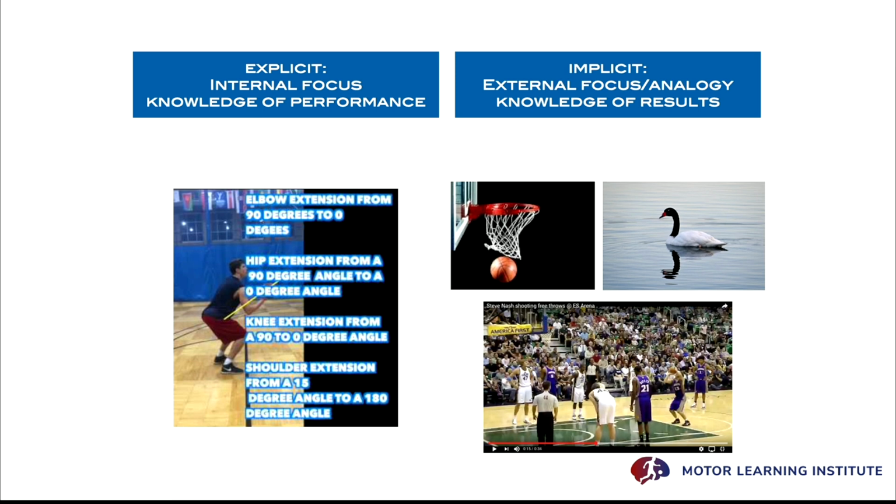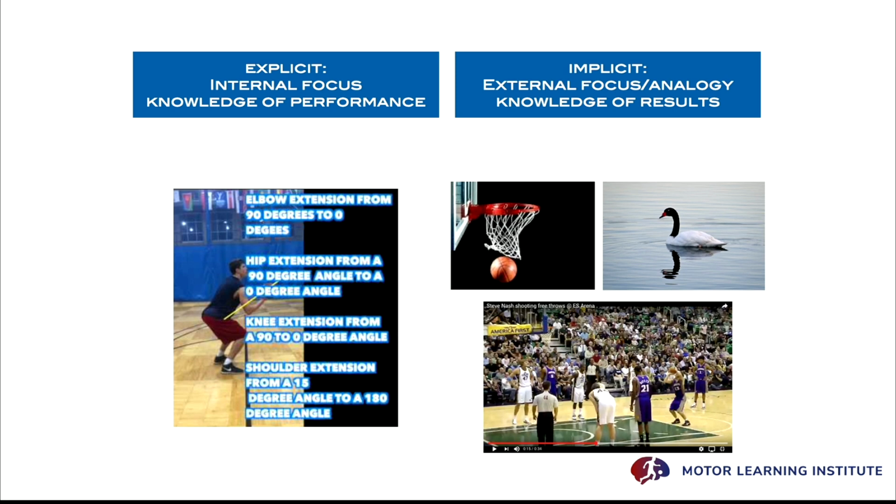And then there's an external focus instruction, which has been researched very often. Focus on the rim of the basket instead of explicit instructions like on the left side. Focusing on the rim of the basket has been shown to lead to greater accuracy of basketball free throws.